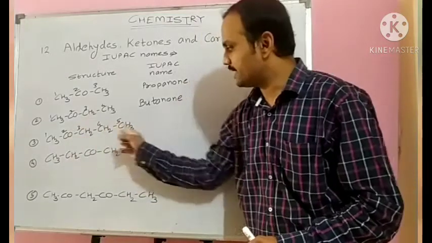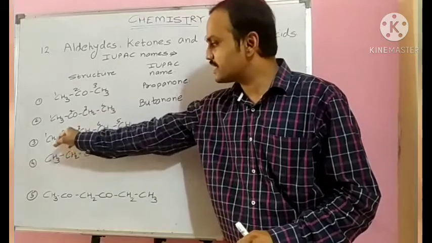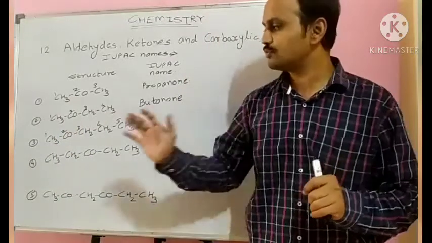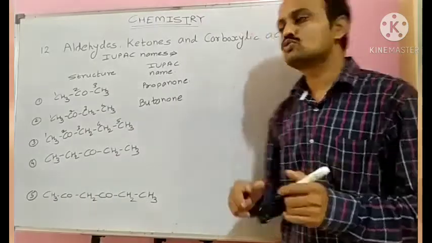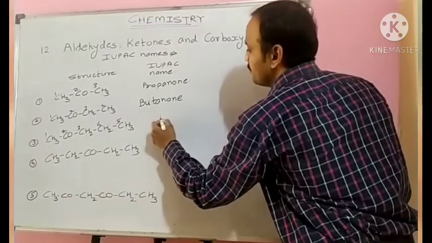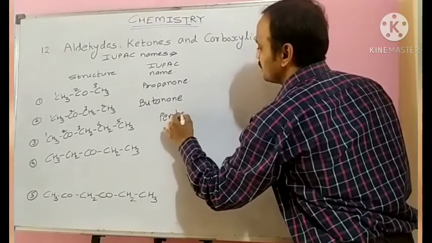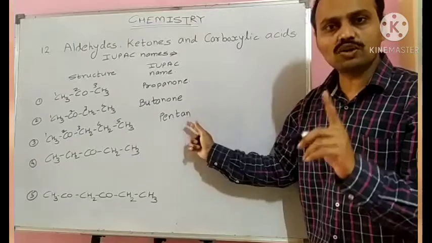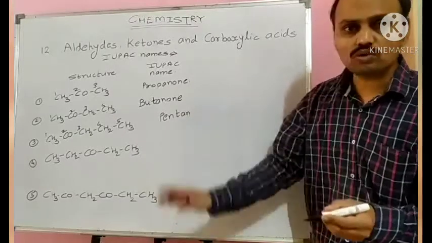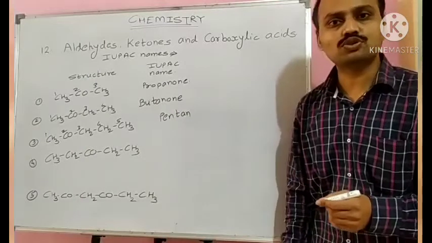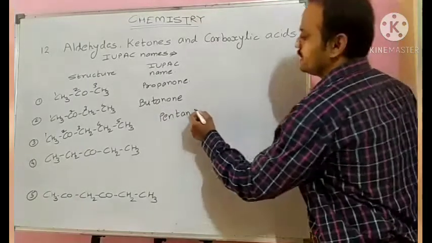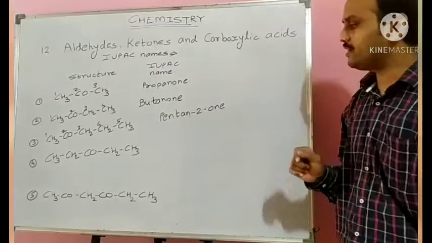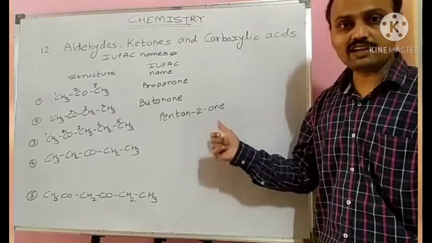And by considering second carbon as C double bonded O, we will have to mention its position, that is position of ketonic functional group also. So name of this compound will become pentane. Last E is replaced by ONE, but before that ONE, we have to mention the position of ketonic functional group, and it is on second carbon atom. Therefore, pentan-2-one.